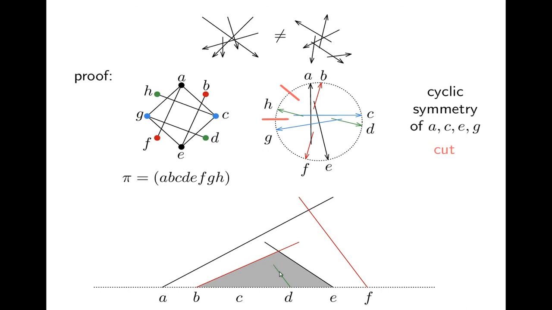And now we consider D. It's not quite clear whether the segment G is on the right or on the left, but it must intersect D, and G is not allowed to intersect one of the red segments. So let's say G is on the right, here denoted by G1. Then in order to intersect D, it needs to intersect this red segment, which is not possible because there is no edge between G and any of those red vertices.